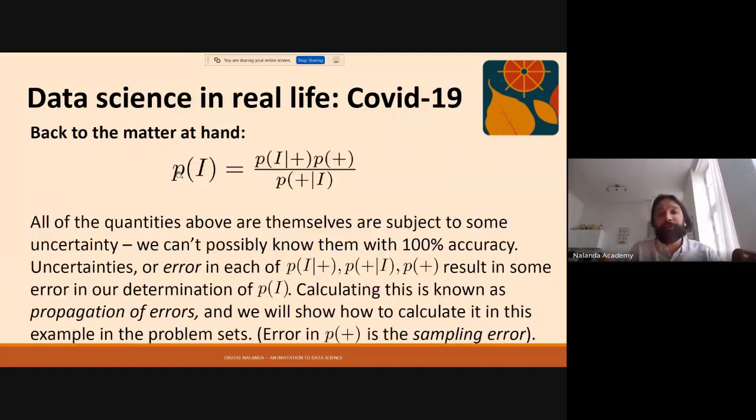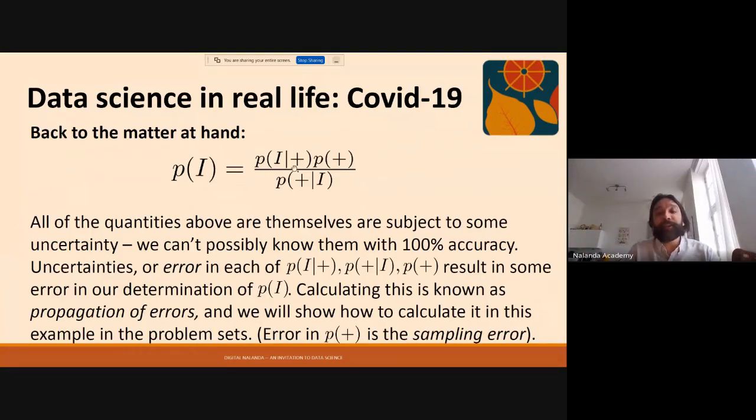Well, it's pretty straightforward to see that if I have a formula like this, and there's some uncertainty in this quantity, and some uncertainty in this quantity, and some uncertainty in this quantity, then there must be some uncertainty in this quantity itself, right? We can't possibly know all these numbers to 100% accuracy.